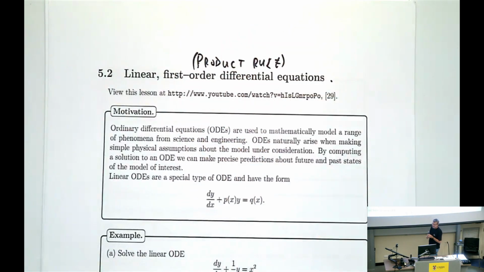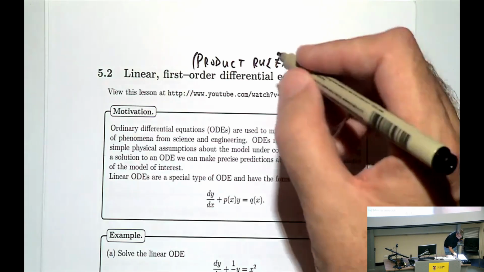For separable equations, you've got a chain rule going on under the hood, making things work. For these linear equations, you've got the product rule. I'll show you how the product rule works, but we remember it from high school math, right?